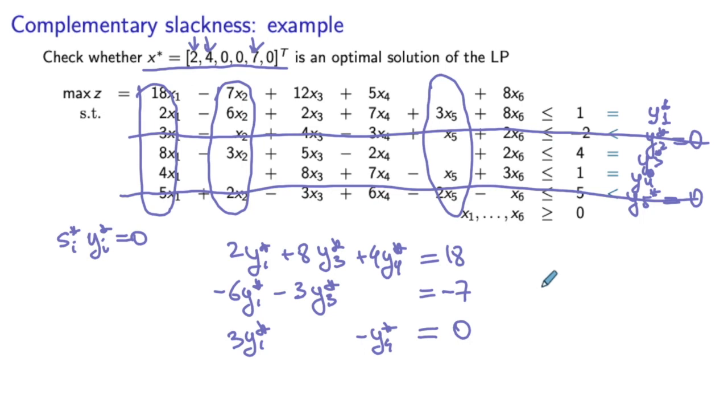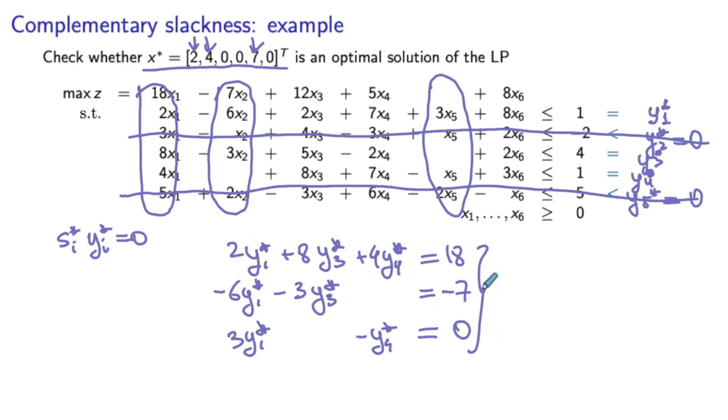Alright. So now how do we solve this system here to obtain y1 star, y3 star, and y4 star? And remember, y2 star and y5 star must be equal to 0 by complementary slackness already. So what we are going to do is solve this system with 3 equations and 3 unknowns.